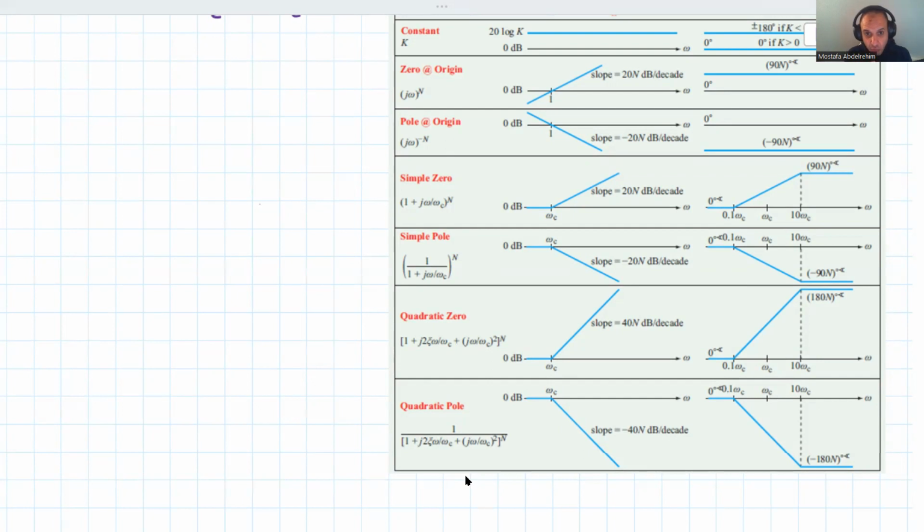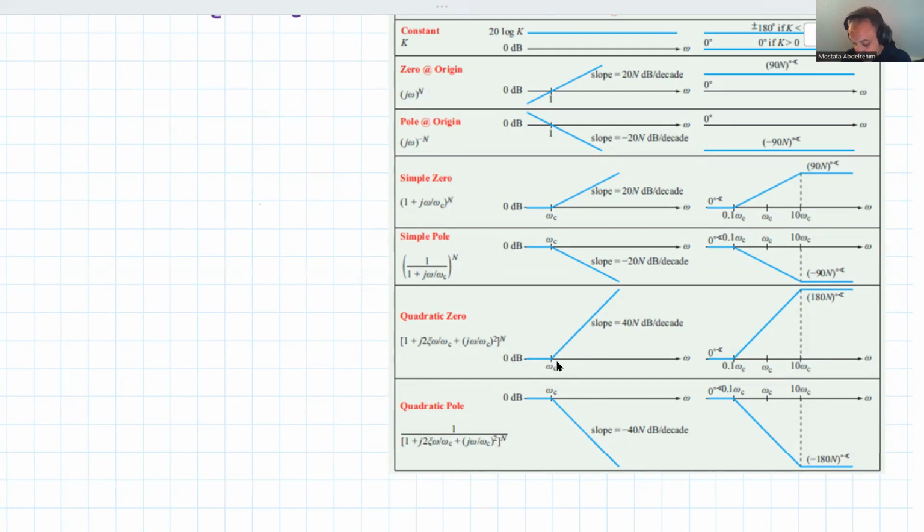So if we form the h of omega in that form here or that form here, we're gonna get basically a high pass filter, either with positive or negative transfer function.